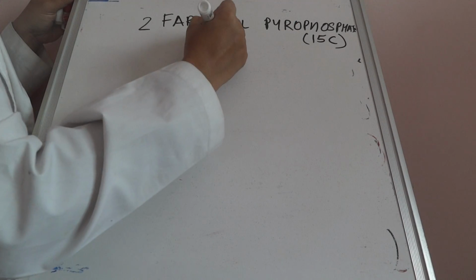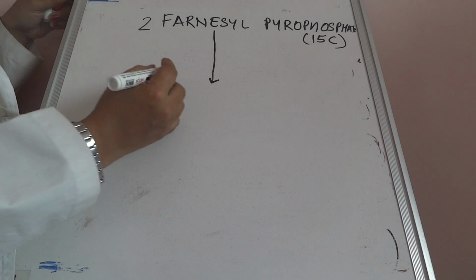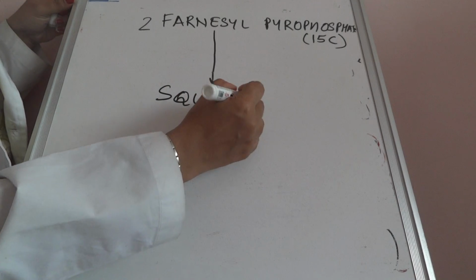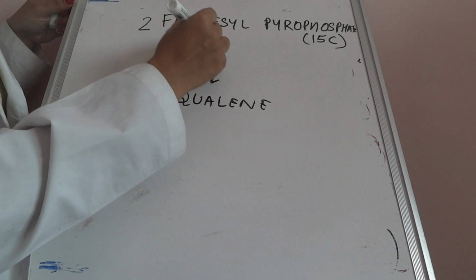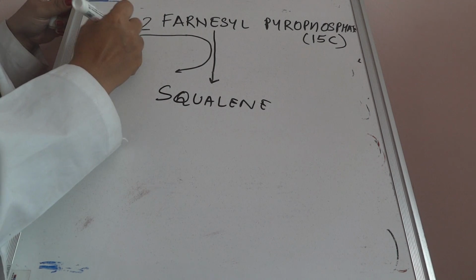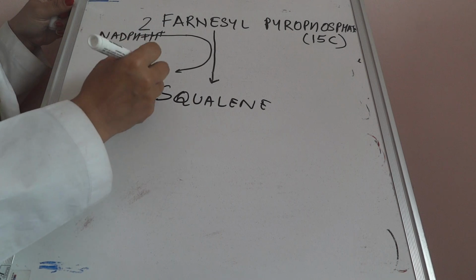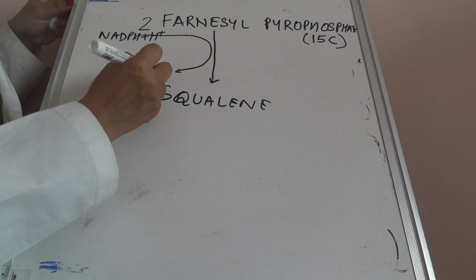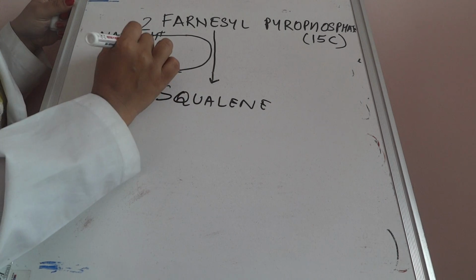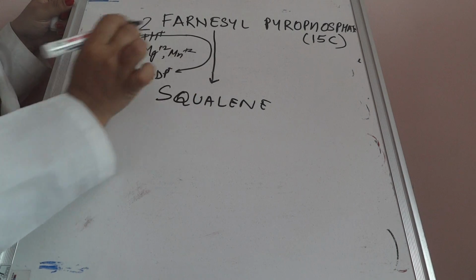So 2 molecules of farnesyl pyrophosphate would form squalene, and again it is an energy consuming process. So NADPH plus H plus is consumed, NADP plus released. Now this requires Mg plus 2, Mn plus 2.